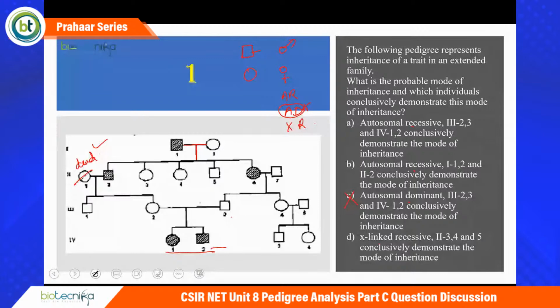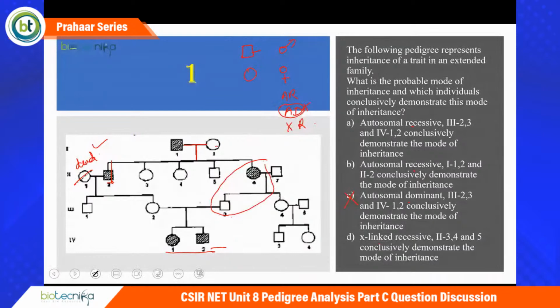Now here, yes, it is possible that the male is affected, and it is possible that it is X-linked recessive, because the mother might have been heterozygous. But that situation does not hold true in this scenario, where the mother is affected.